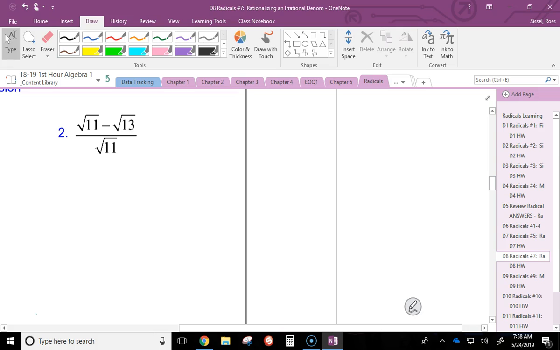So, honestly, when I see this, so I don't make the mistake, I break this up into 2 problems. I see that, and then I see that. So I would say I have the square root of 11 being divided by the square root of 11 minus the square root of 13 divided by the square root of 11.